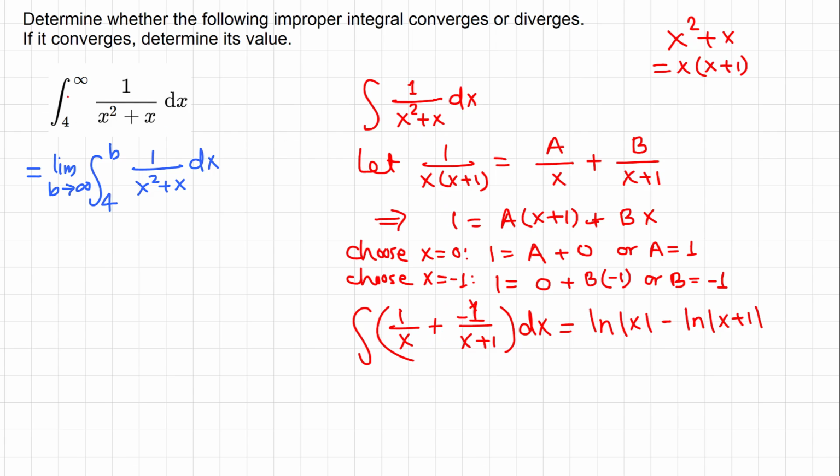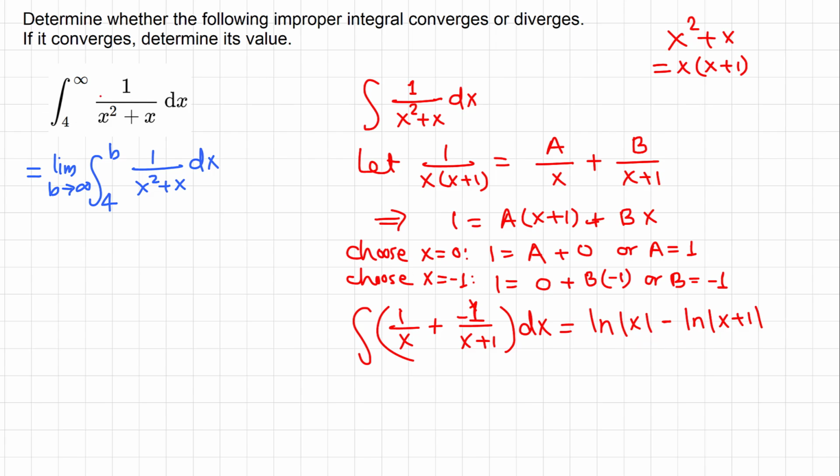But if we look at this context, we are working on 4 through infinity, only positive values. So the absolute values are not needed, because our x is going to be 4 through infinity, positive. So I'm not going to write absolute value anymore. Let's simplify.